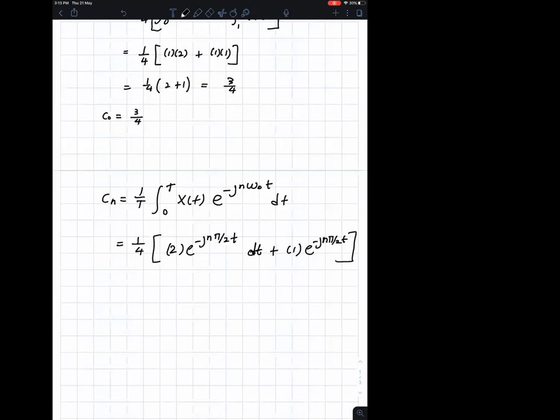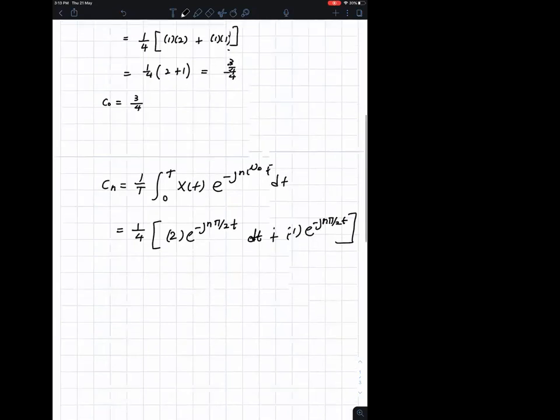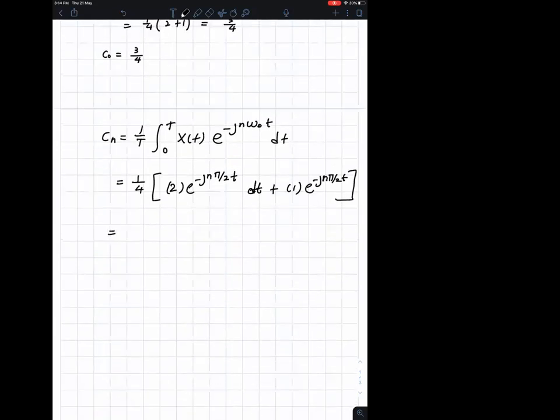So here we cannot simply find the area by looking at the square and rectangle, because we have an additional exponential term.